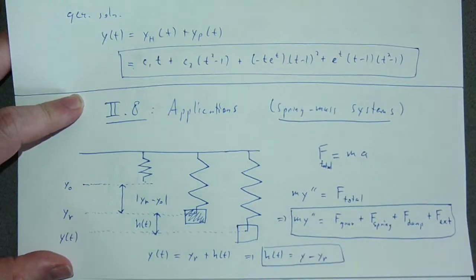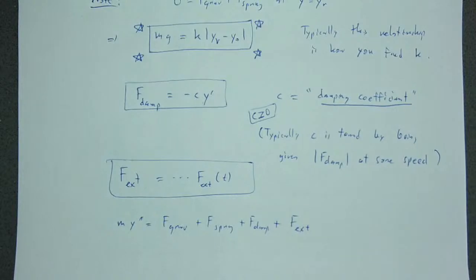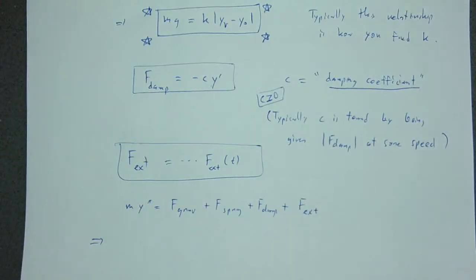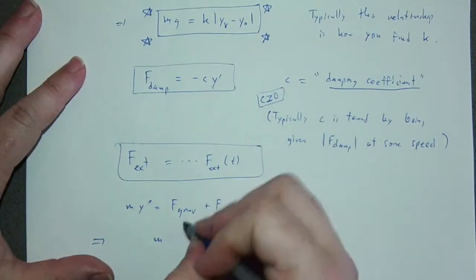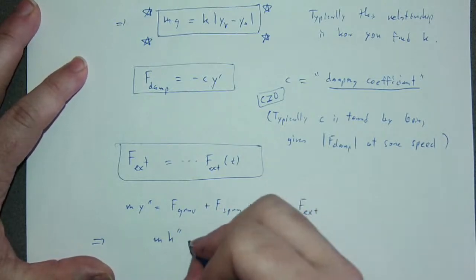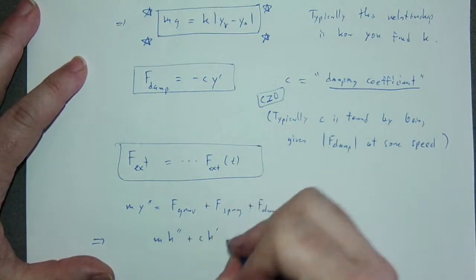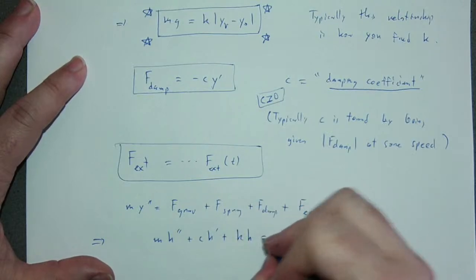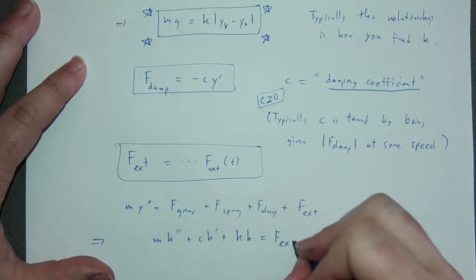So what I do is I set up a differential equation for h instead. This allows me to combine these terms into the following. The resulting differential equation is m h double prime plus c h prime plus k h is equal to the external force.